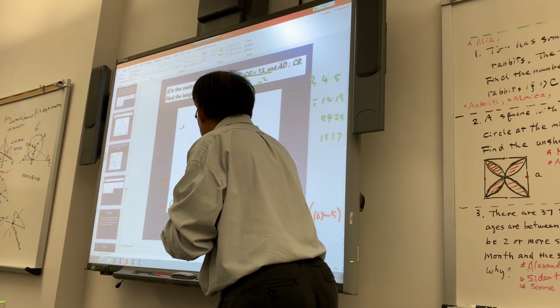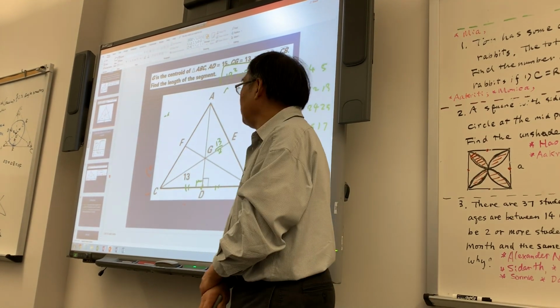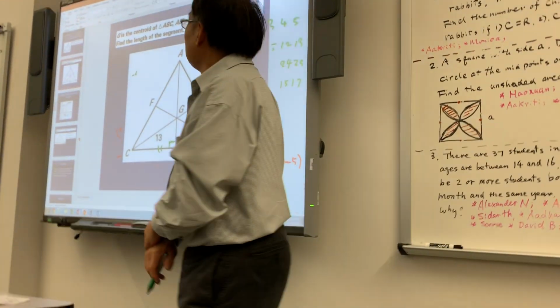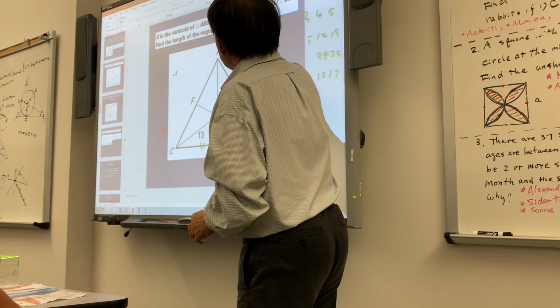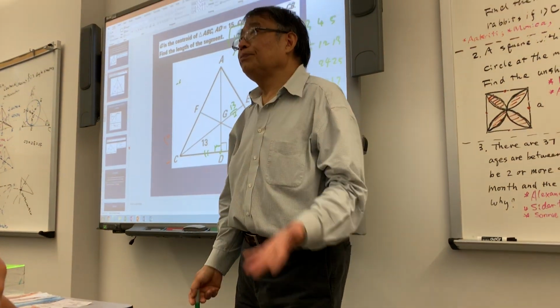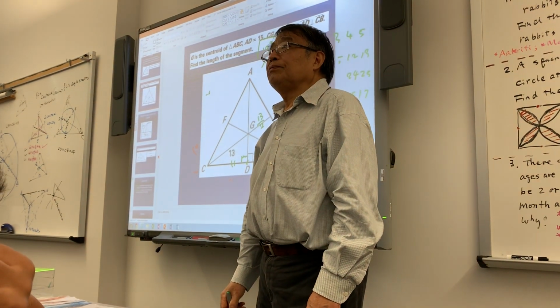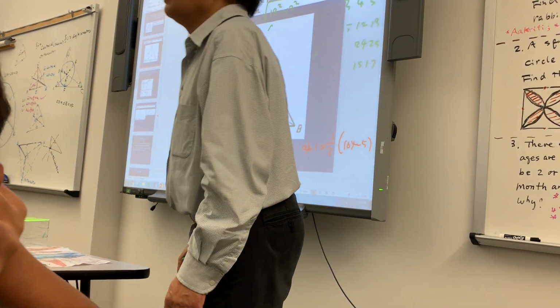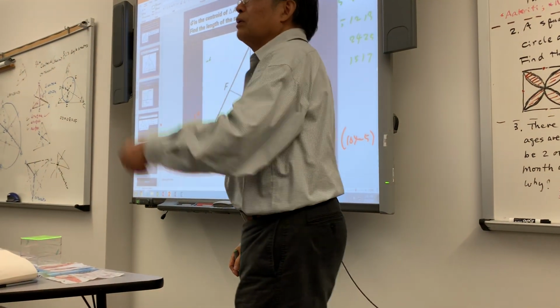Because this is the midpoint, yes. CD equals DB. Since AD is 15, CD is 15 over 2.